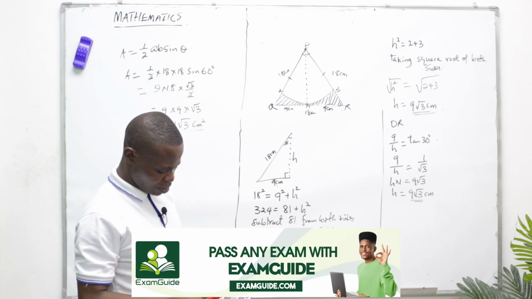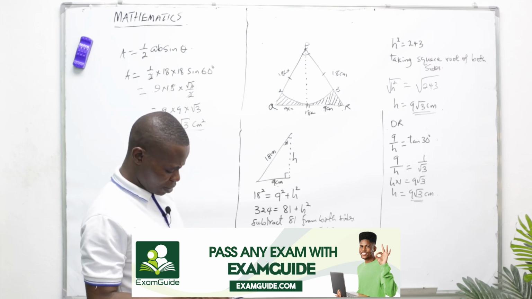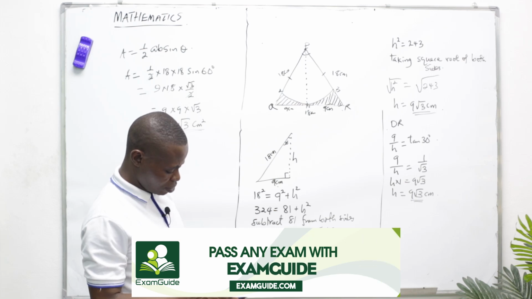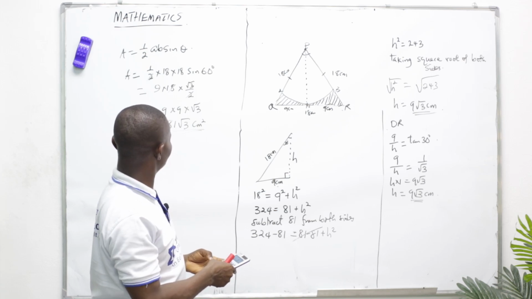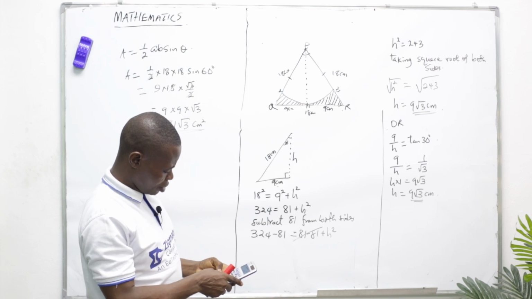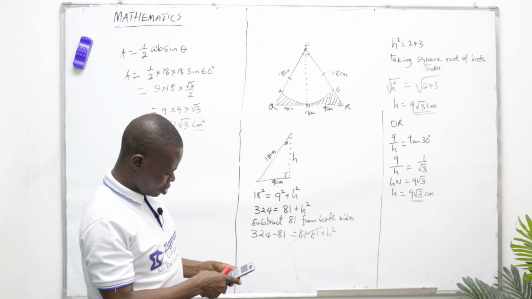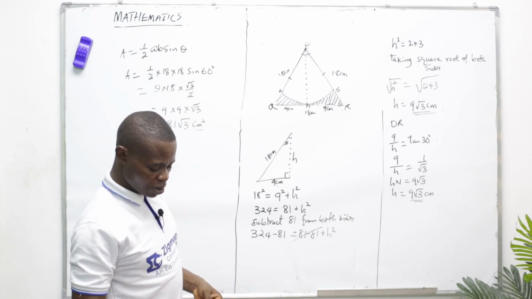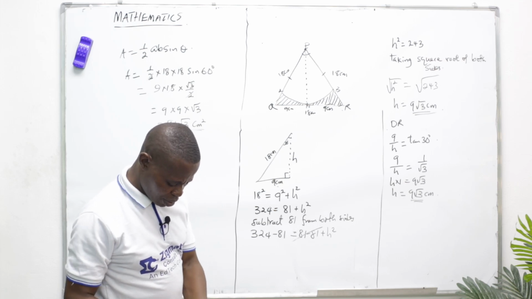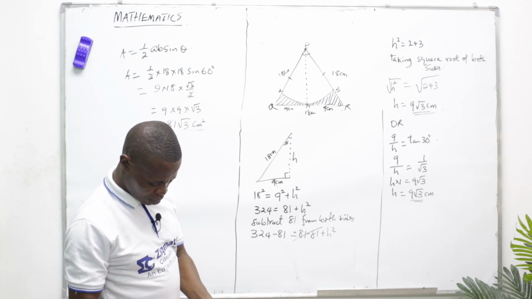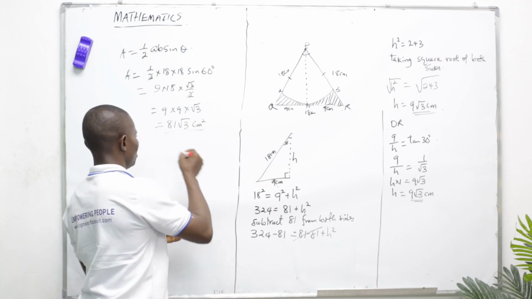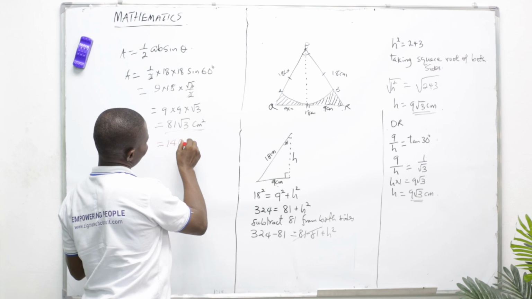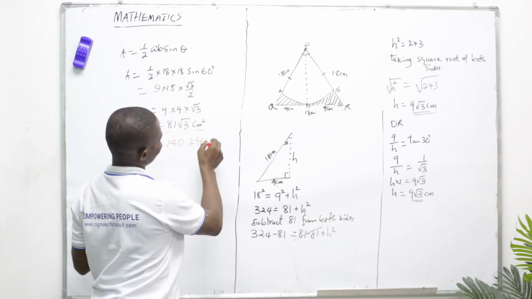But if you are not interested in surd form, you can say 18 times 18 times 1 all over 2 equals 162. Then multiply by sin 60 degrees, 81 root 3 equals 140.296 cm square.